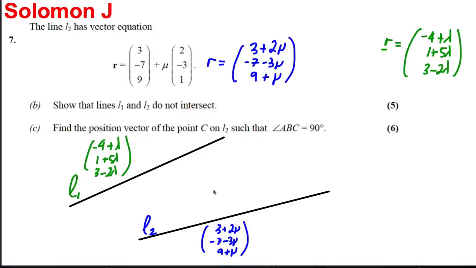Okay, and you know they don't intersect. Find the position vector of the point C on L2, such that angle ABC is equal to 90.